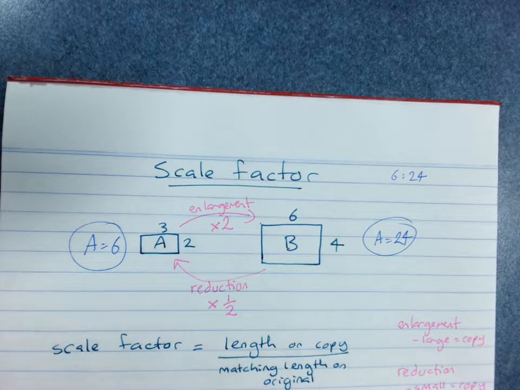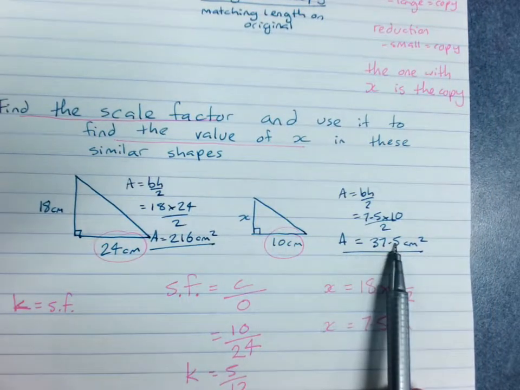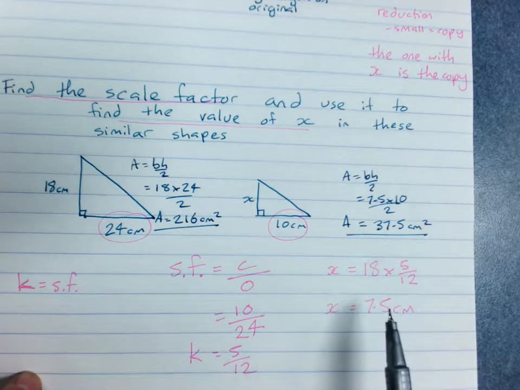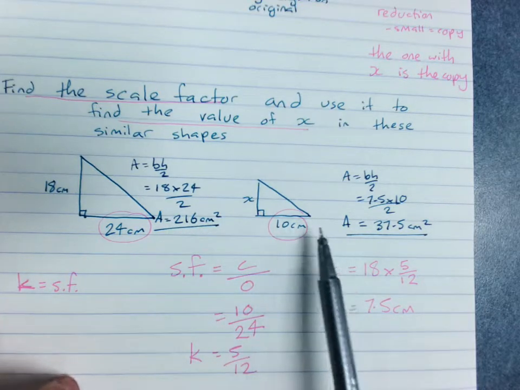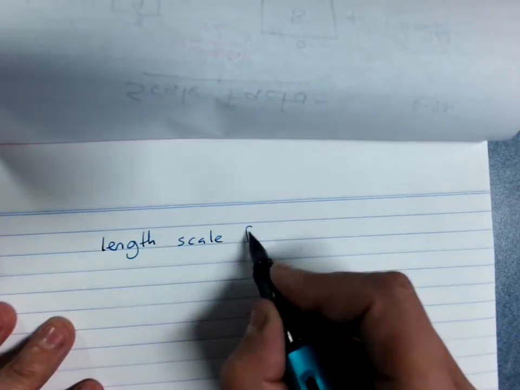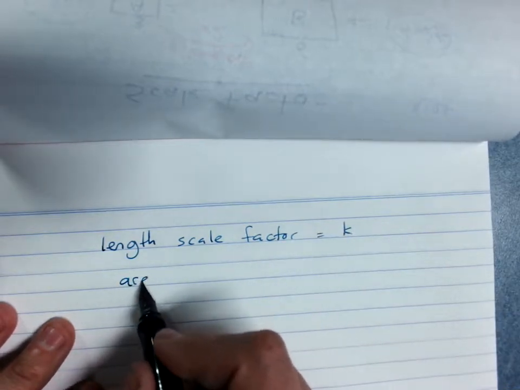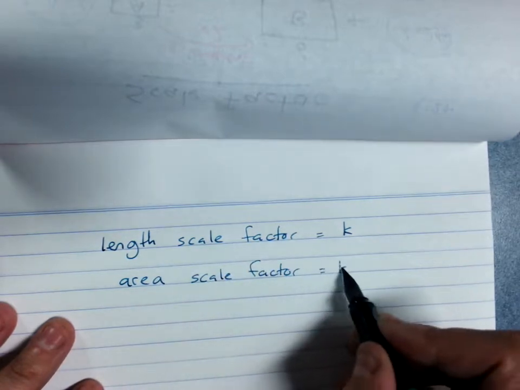There is a pattern. This one here, you can see that it's definitely not the same sort of ratio. This is much, much larger than you'd expect comparing that. So the secret is the length scale factor is k. The area scale factor is k squared.